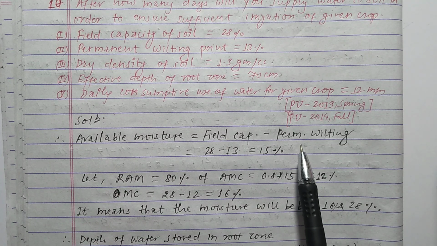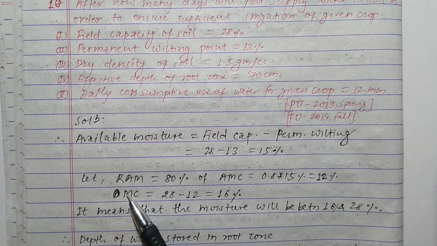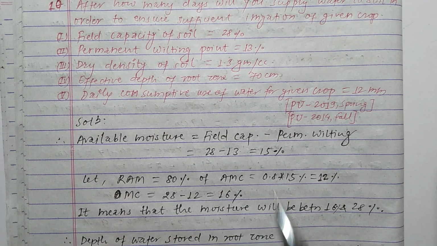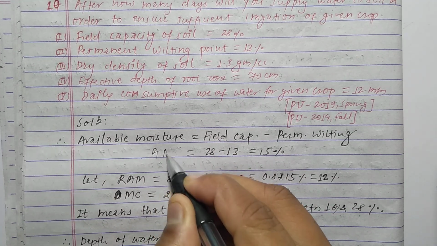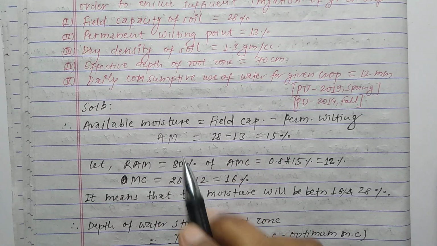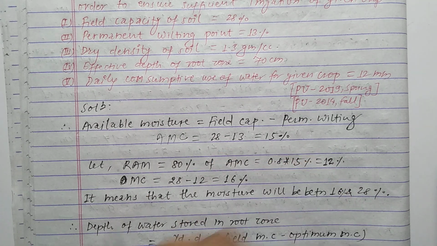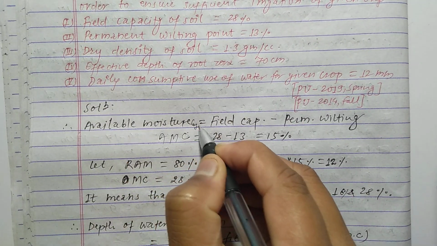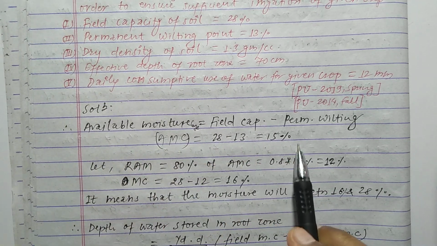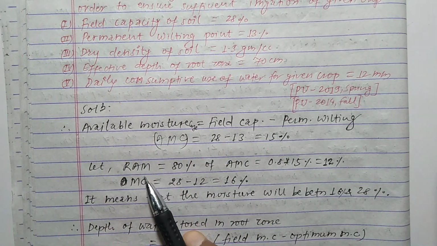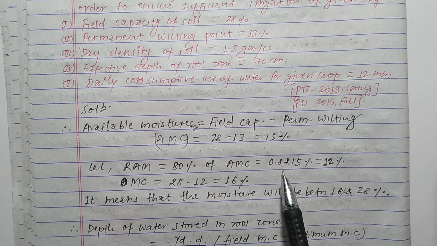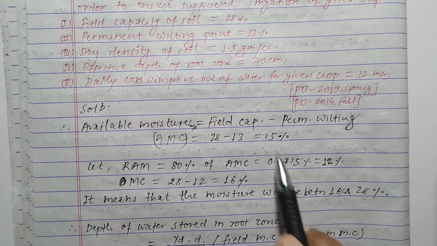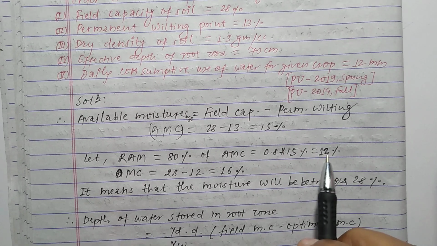Now the value of RAM equals 80% of AMC, where AMC means available moisture content. AMC equals 15%. So RAM equals 80% of AMC, equals 0.8 into 15, so its value becomes 12%.